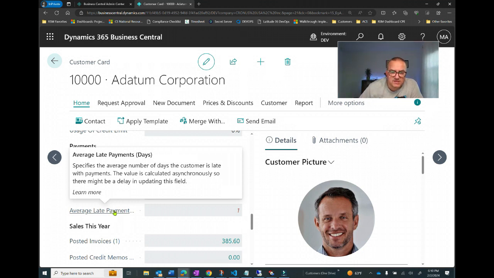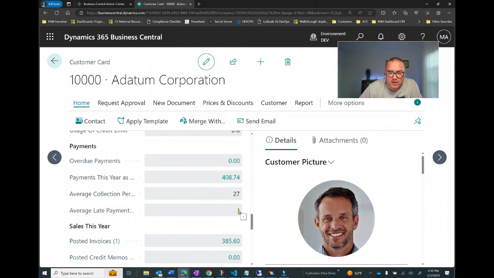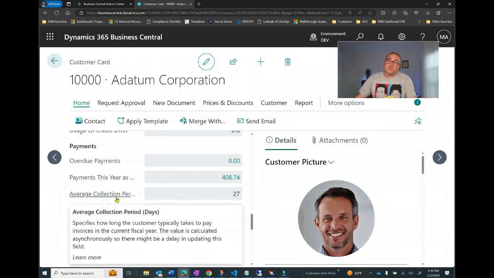I think it's reporting in integers, so I'd have to see the code, probably either 0 or 1. So these are the 2 fields. The issue here is that we are looking at the current fiscal year.